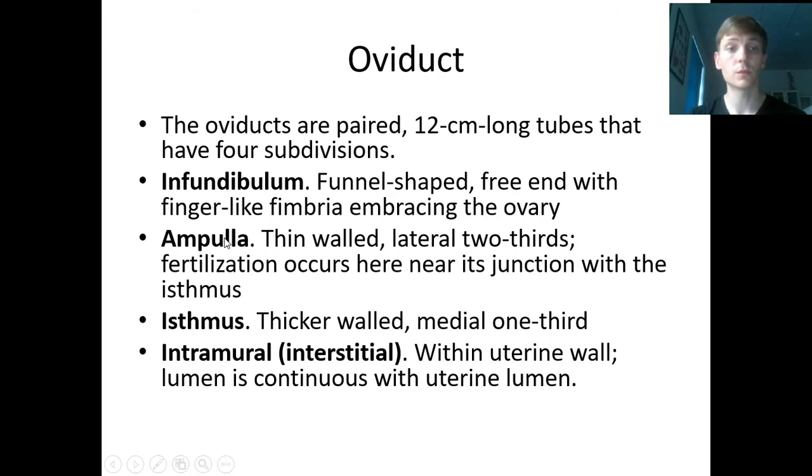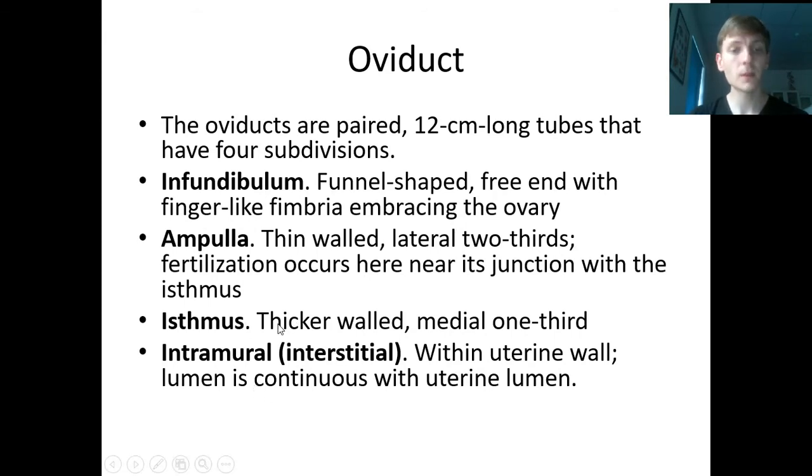After the infundibulum, we have ampulla. Ampulla is a thin-walled lateral 2/3. Here fertilization occurs, and in ampulla-isthmus junction is the most common place for fertilization. It's possible to have it even later, but still ampulla is the main region.